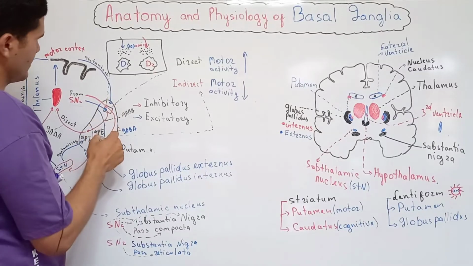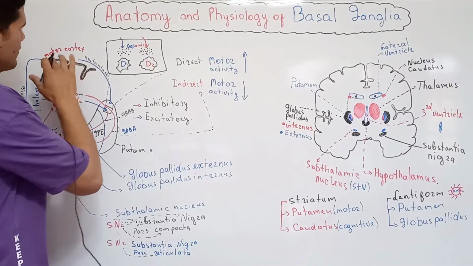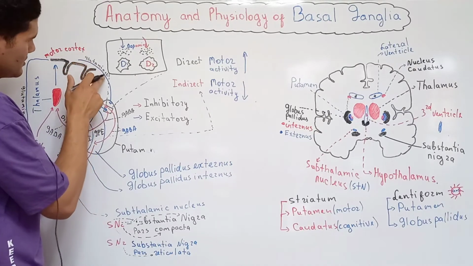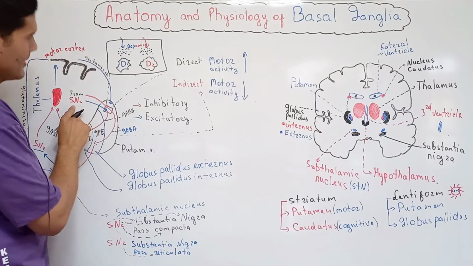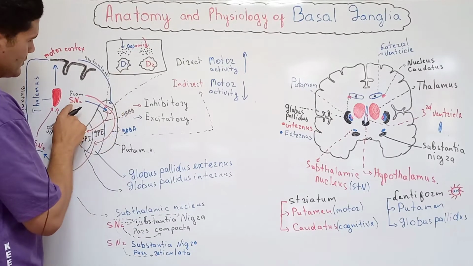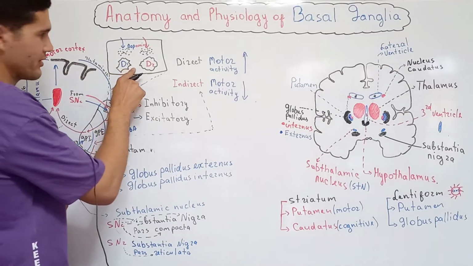The putamen receives stimulatory impulses from the motor cortex via glutamate, and from the substantia nigra pars compacta as dopamine. Substantia nigra pars compacta stimulates the putamen via dopamine 1 receptors.